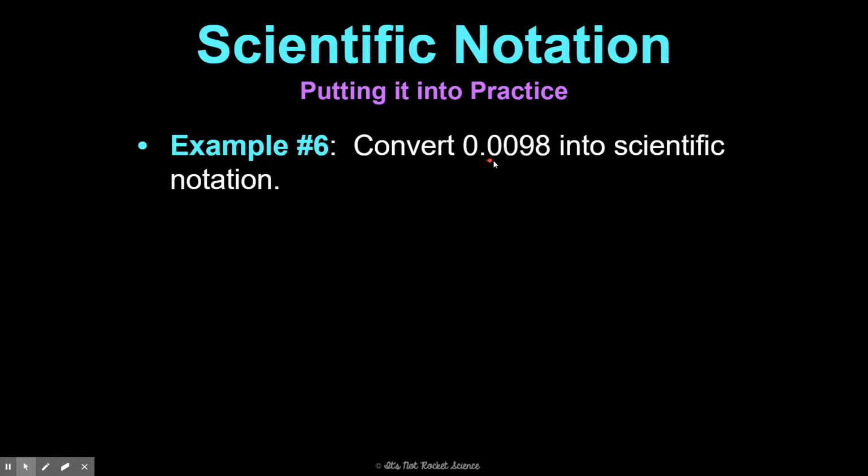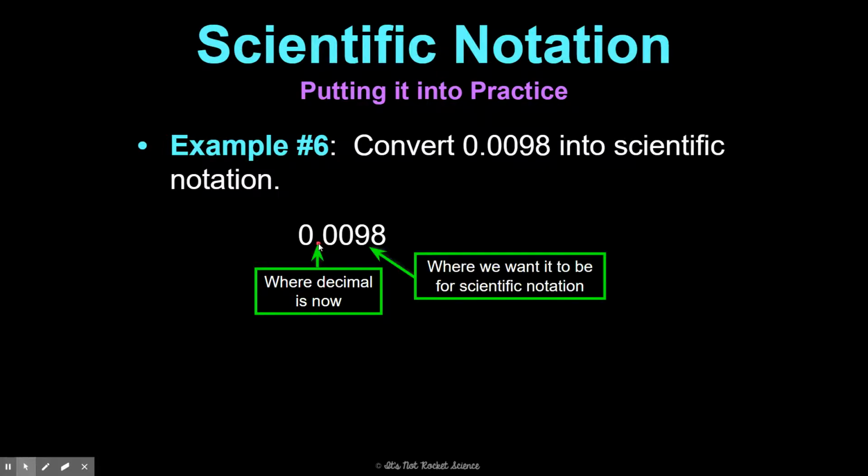Now if we're going to take 0.0098 and put it in scientific notation, start with my decimal, and I need it to go after that 9 so that the 9 is the one number in front of my decimal point. So that moves it 1, 2, 3 places. So I put 9.8 with my new decimal spot times 10, and I'm going to have a 3 because that's how many spots I moved my decimal.